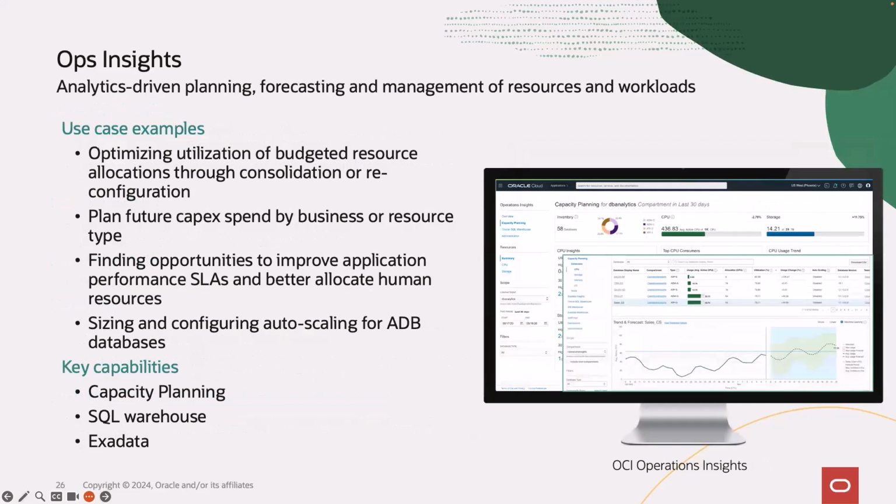Here are some of the use case examples on capabilities of Ops Insights. It helps you analyze the database demands, forecast resource consumption using pre-configured machine learning based forecast models, and bring together and compare SQL performance data across development, test, QA, and production. Automated daily forecasting predicts capacity issues in the application, database, and infrastructure inefficiencies.